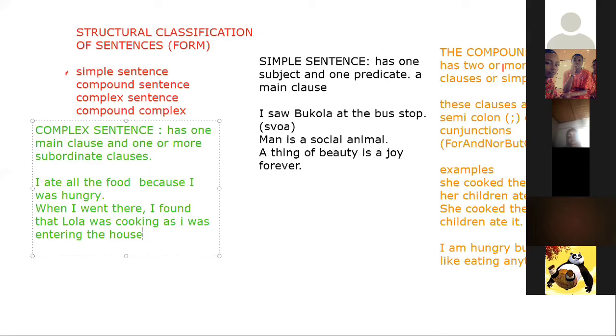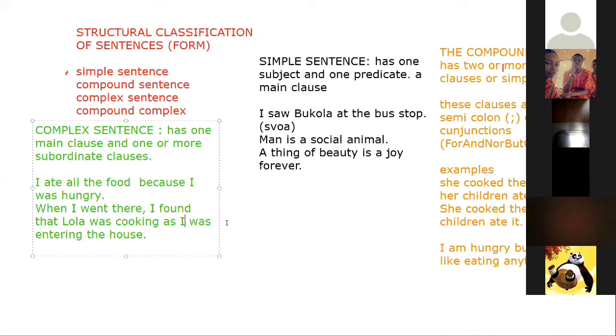Where are the subordinate clauses there? As I was entering the house. I hope that is clear. Yes, sir. That is actually beautiful.